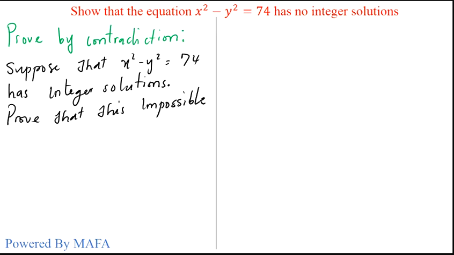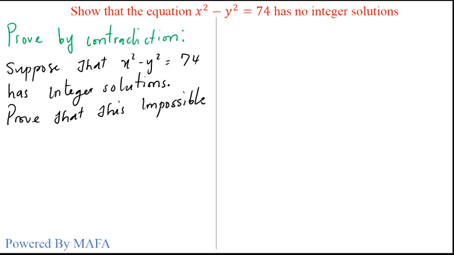If we suppose that it has integer solutions, and then we show that it is impossible for it to have integer solutions, then we are okay that there are no integer solutions, because we have contradicted ourselves by supposing that there are integer solutions, and now at the end saying that there are no integer solutions.